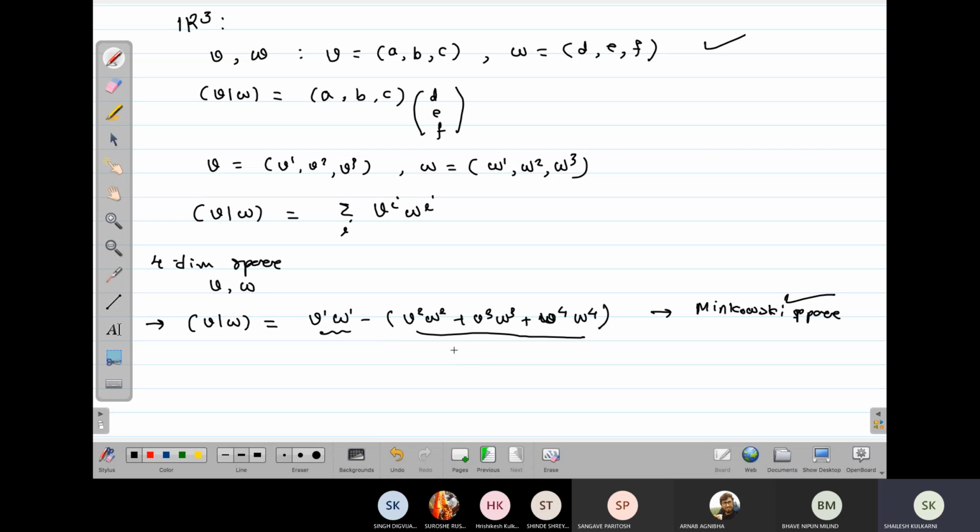So what is the point? The point is, once you have a vector space with an inner product defined, I can talk about a dual vector corresponding to a given vector. There is a one-to-one mapping between a vector and its dual vector.